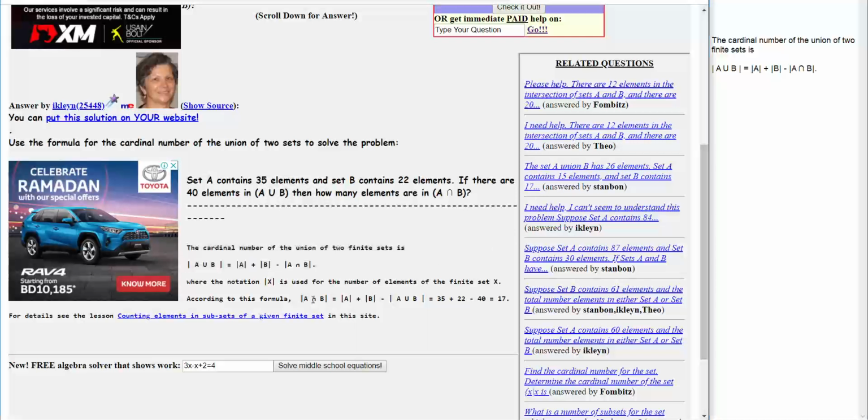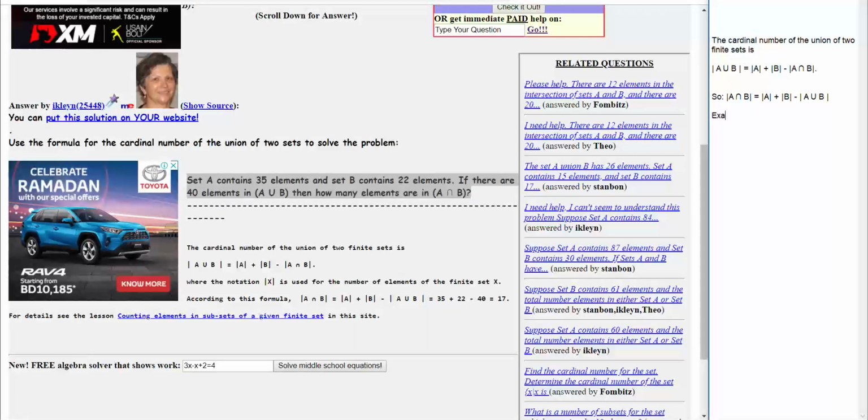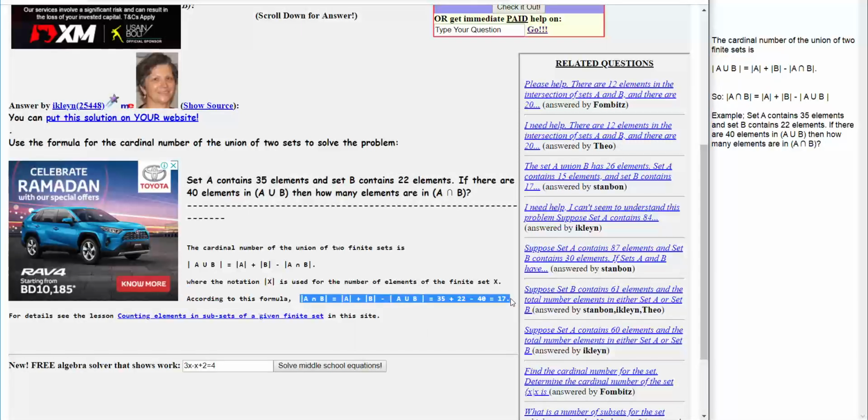So let's copy this example, and then the end result would be, this would yield this result. So this is the answer. There we are. Just copy this here, just in case.